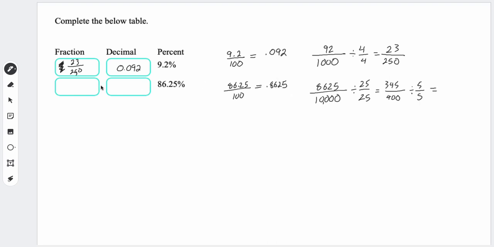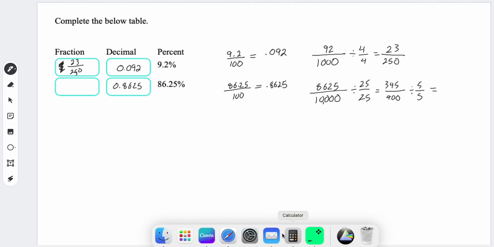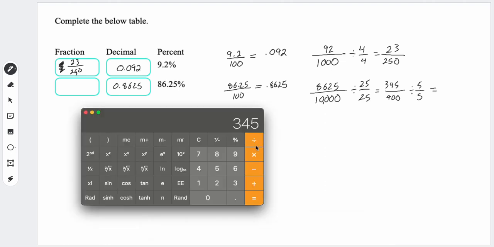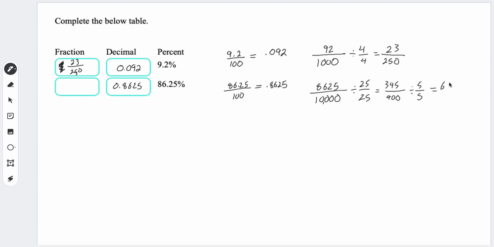By the way, this was the decimal for here, 0.8625. Sorry about that. So if we divide that by 5 again, we get 69. And we divide this by 5, we get 80.